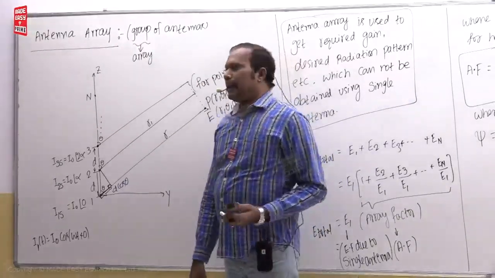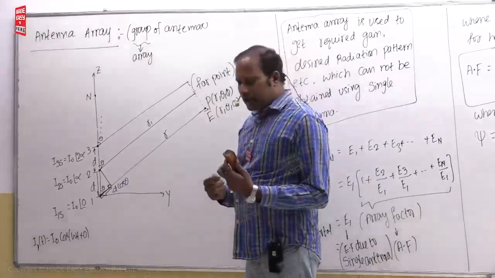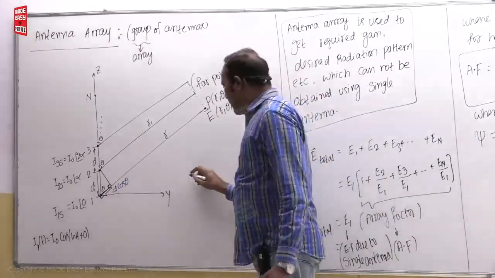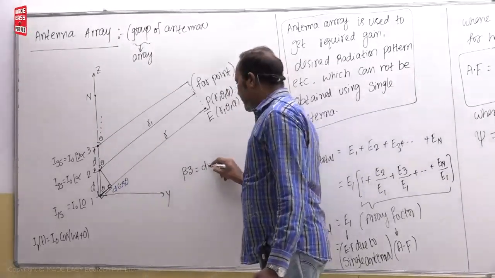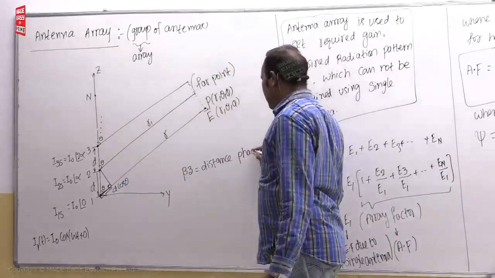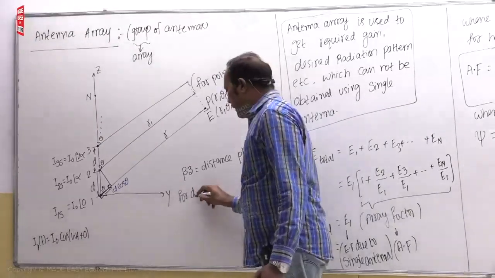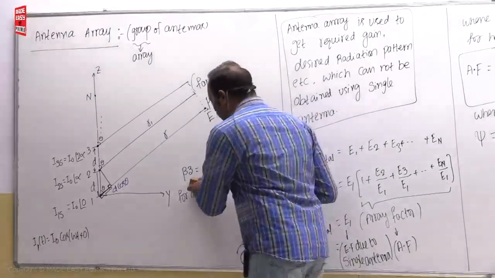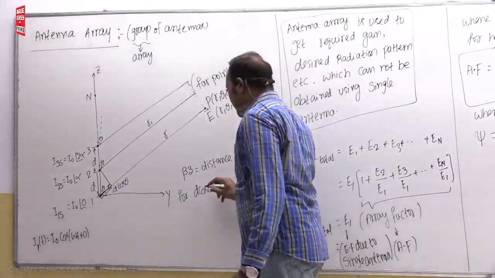That means this antenna phase, otherwise I will do like this. We have seen that beta z is a distance phase.